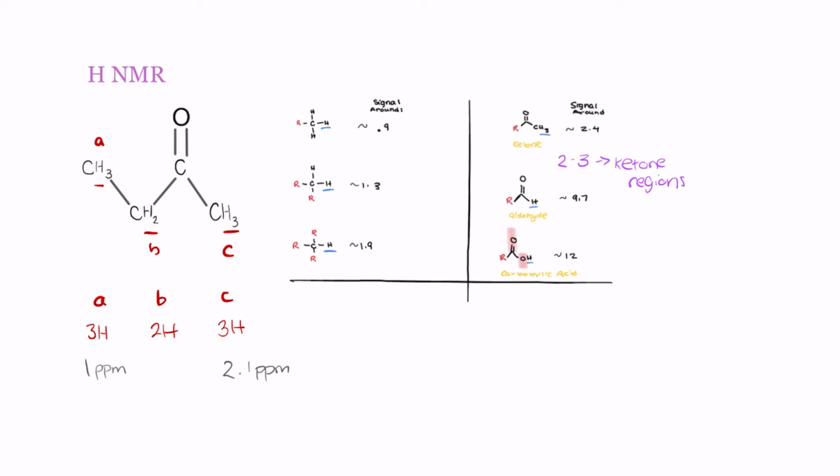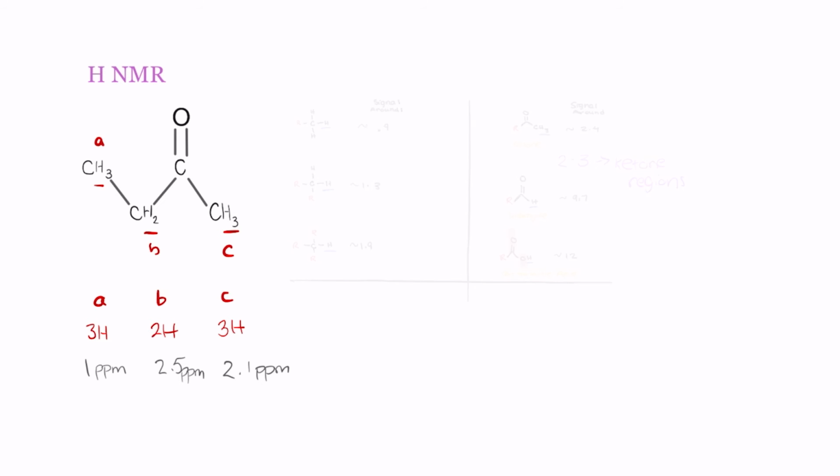So we might see this signal around 2.5. So you see here how the chemical shifts are very sensitive to the atoms around them, which is why I told you not to be so fixated on specific numbers, but to think of them more as approximations of where the chemical shift would lie. And so now I want to talk to you a little bit about splitting.